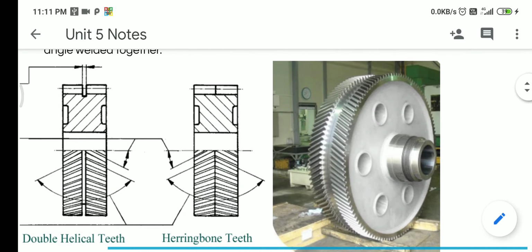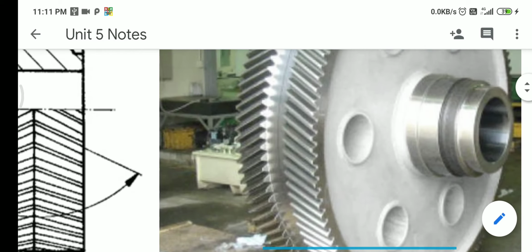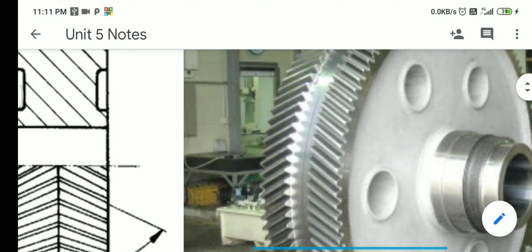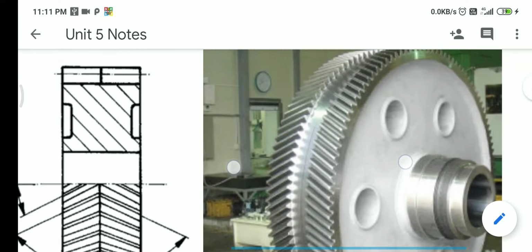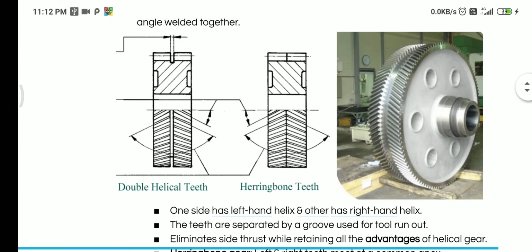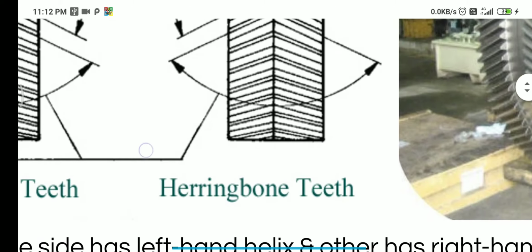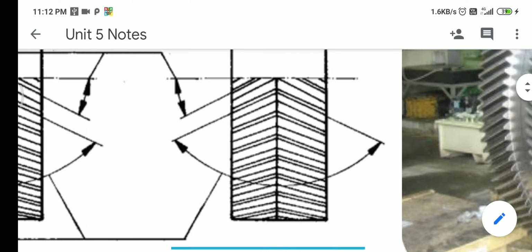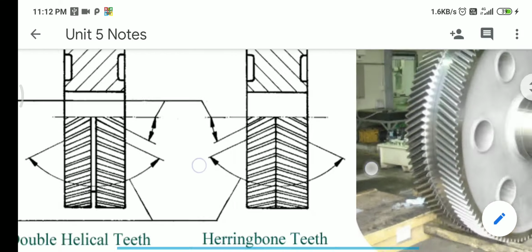You can see here, when you look at the double helical gear, there's a small groove separating the two gears from each other. Of course, the two gears cannot move independently, they are welded together very strongly. But there is this small groove, which means the teeth are not exactly coming into contact with each other. Whereas in the herringbone gear, there is no such groove in the middle.